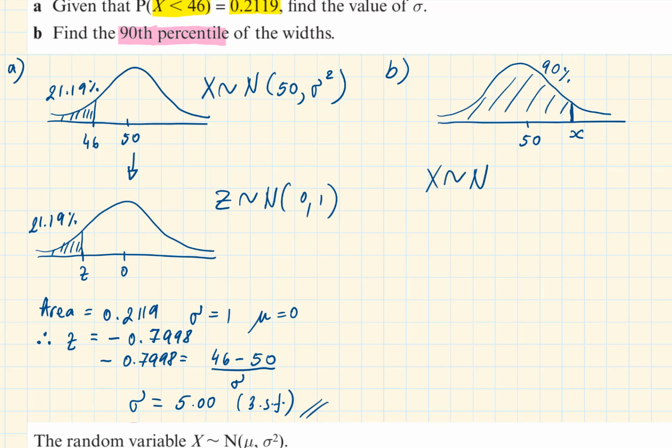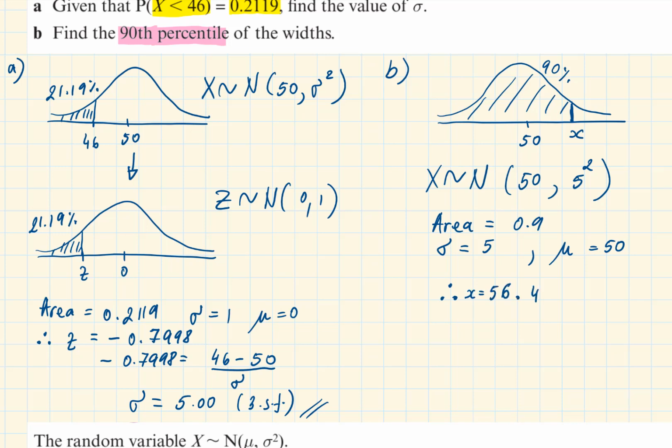We've got our x, which is normally distributed with mean 50 and standard deviation 5, variance 25. Using the same steps on our calculator, for the area now we have 0.9 for 90%, sigma is 5, mu is 50. Press equal, and that will give us the x, 56.4 to 3 significant figures.